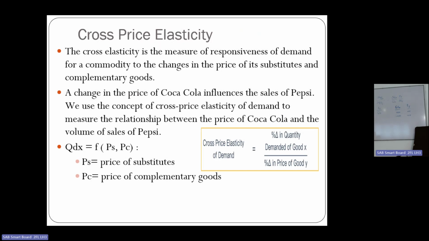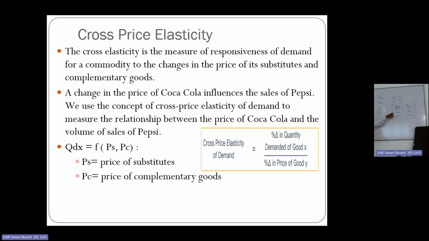Likewise, if you calculate now, this is how responsive the quantity demanded of product X is to a change in the price of product Y, to calculate the cross elasticity. How can you calculate it?